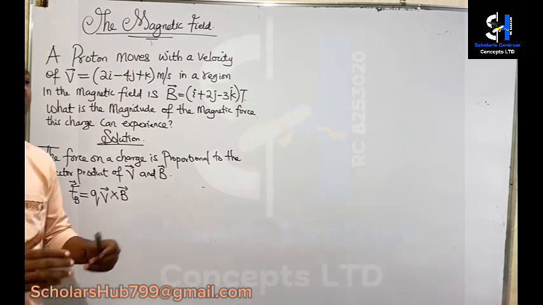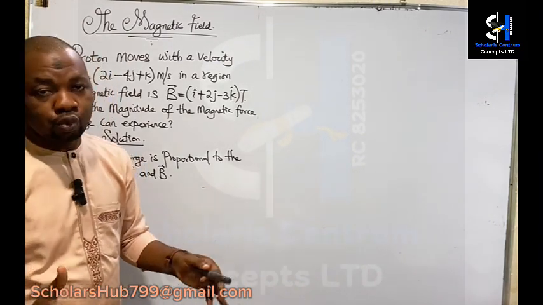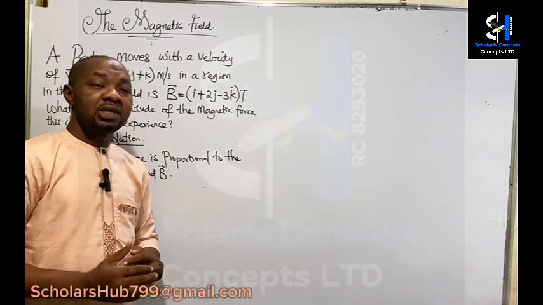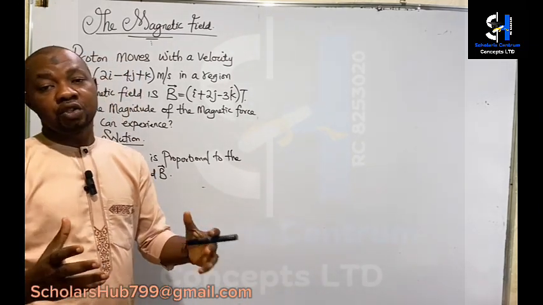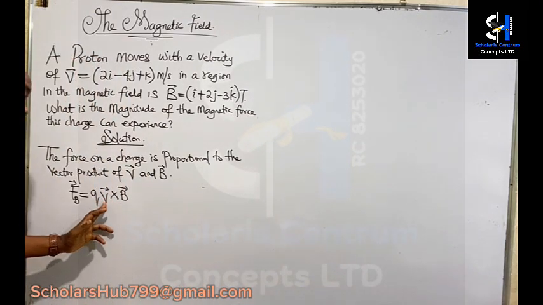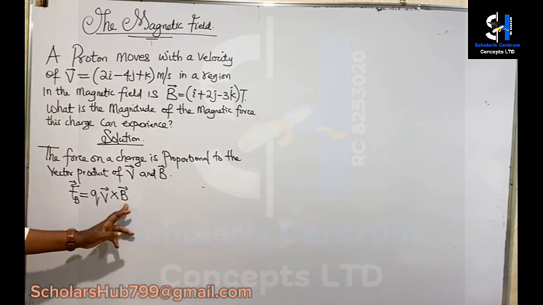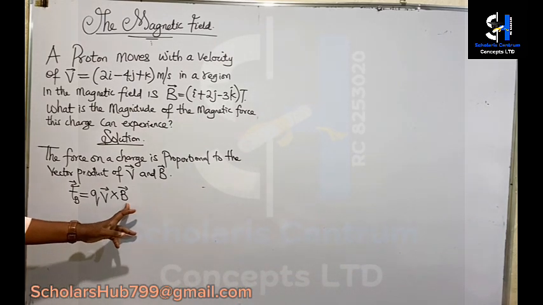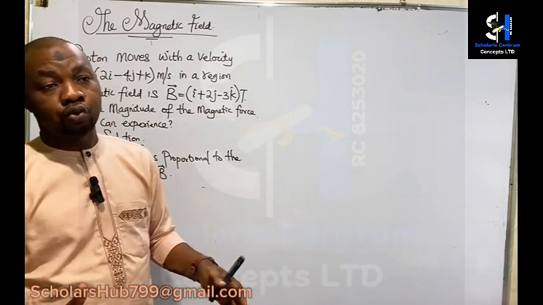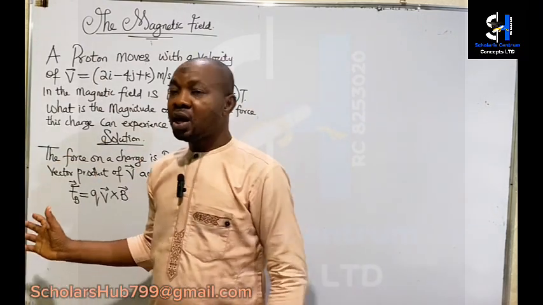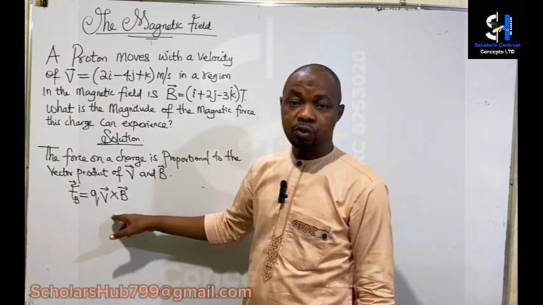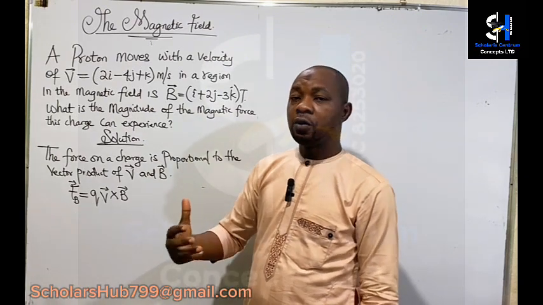Now, in this case, we use the right hand rule to determine the direction of the magnetic force, the vector product of the speed vector and the magnetic field vector. What is important here is how the right hand rule applies when we have the cross product, or vector product, of two vectors.